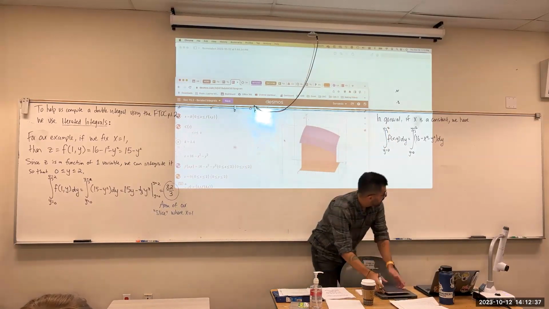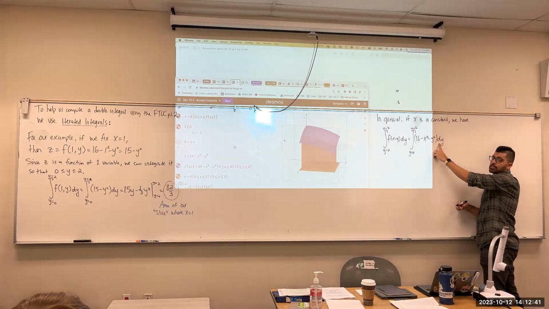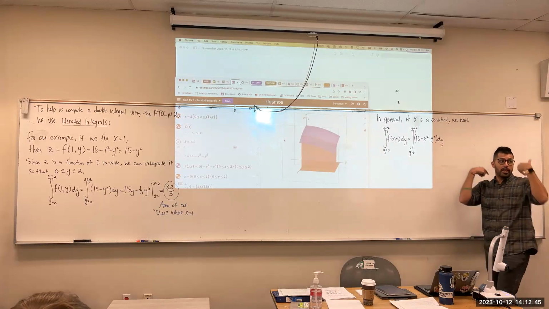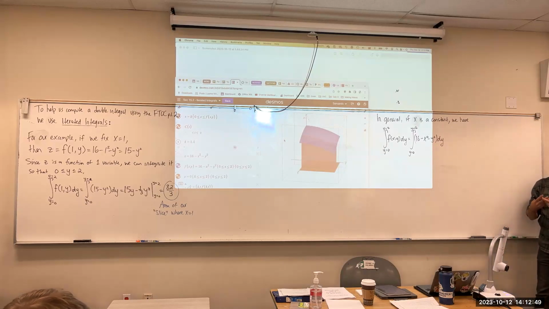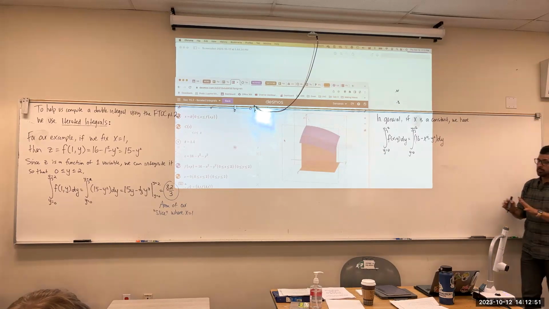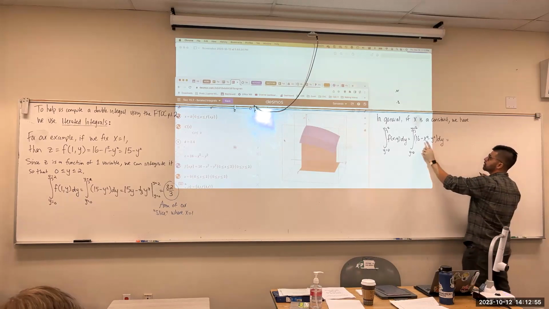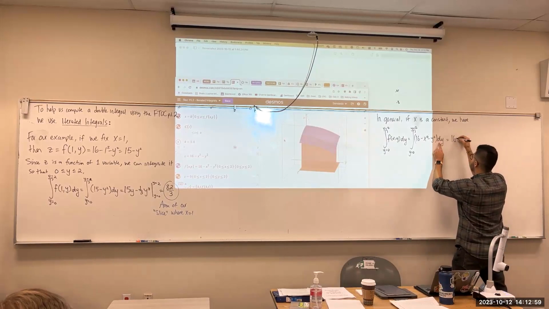Okay? This is only with respect to y varying. X is constant. So here's where you have to do partial integration. Yes, you have to integrate with respect to y only. X is constant. What's the antiderivative of 16 with respect to y? 16y.